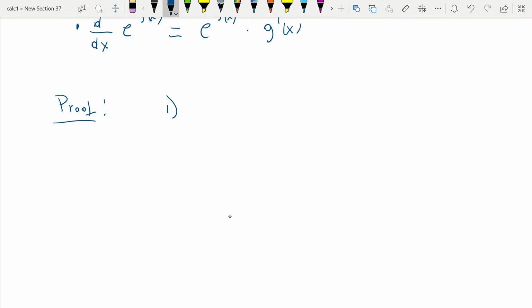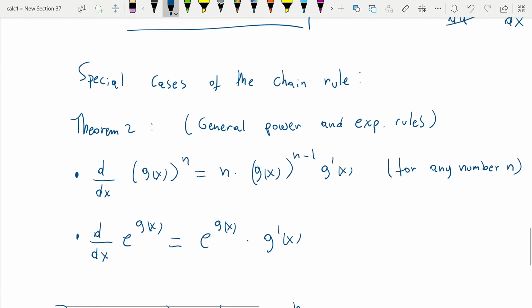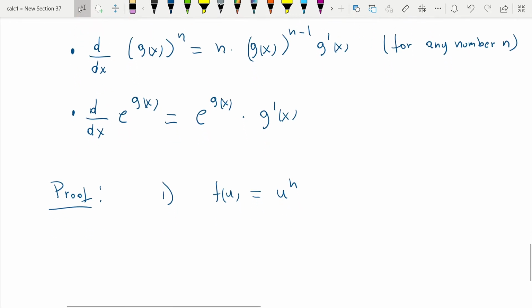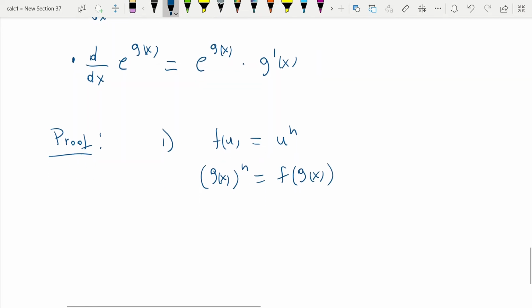So let's prove both of them. f of u, the outside function for all of the cases covered in part 1 of this theorem, is the power function u to the n, right? And the inside function is some g of x. So g of x to the n is just f composed with g, or f evaluated at g of x.